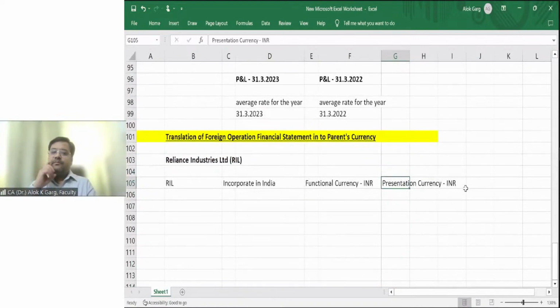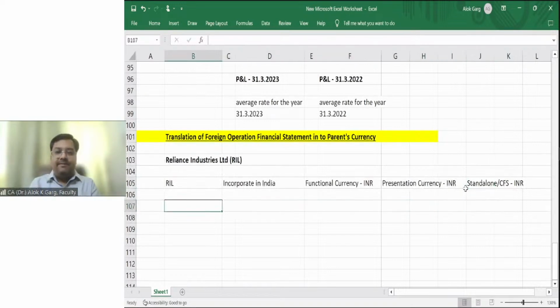Second, the functional currency and presentation currency are similar, right? But in this case, the foreign operations, which are subsidiary, associate, and joint venture, need to get consolidated into Reliance, and Reliance is presenting its standalone and consolidated financial statements in INR only, right? Now what happens?